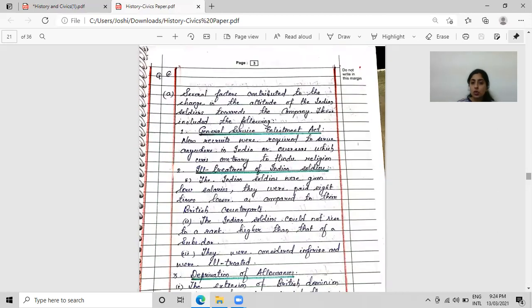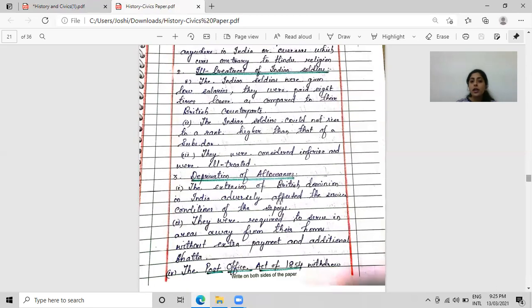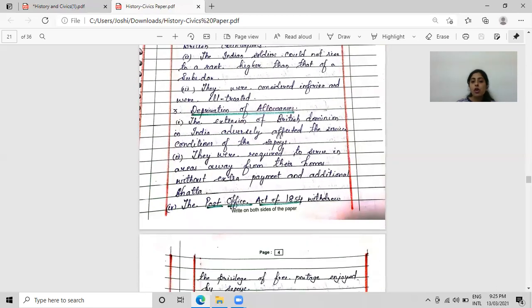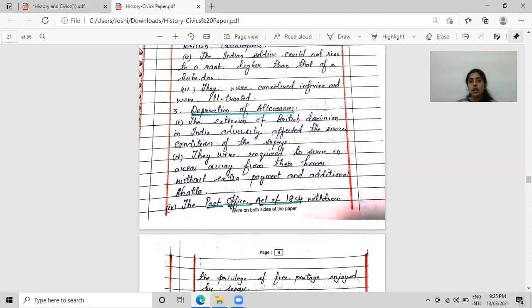The student has mentioned the General Service Enlistment Act and the details of it. Point number 2, ill treatment of Indian soldiers and its details. Point number 3, deprivation of allowances. So you can see how clearly the 3 sub causes of the military causes of the first war of independence are being mentioned with the underlining of the keywords.